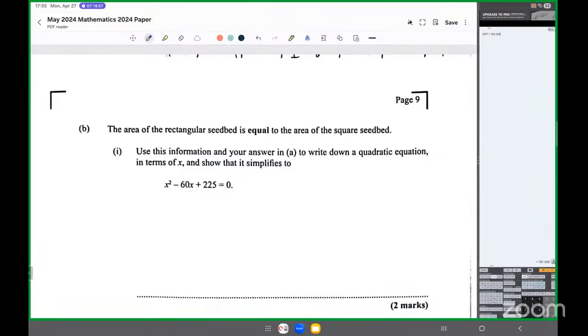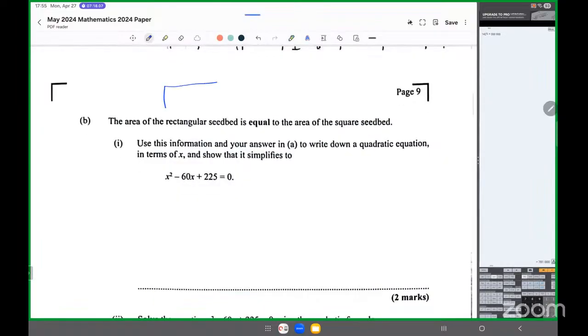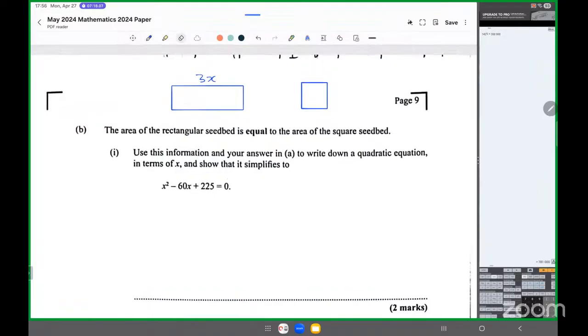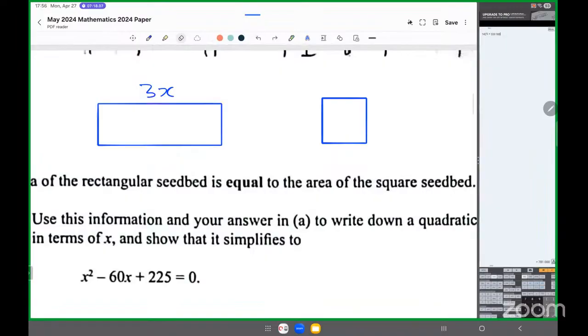Remember the rectangular seedbed was like this, and the square one. It was 3x, x, and this was y, y, y, y.